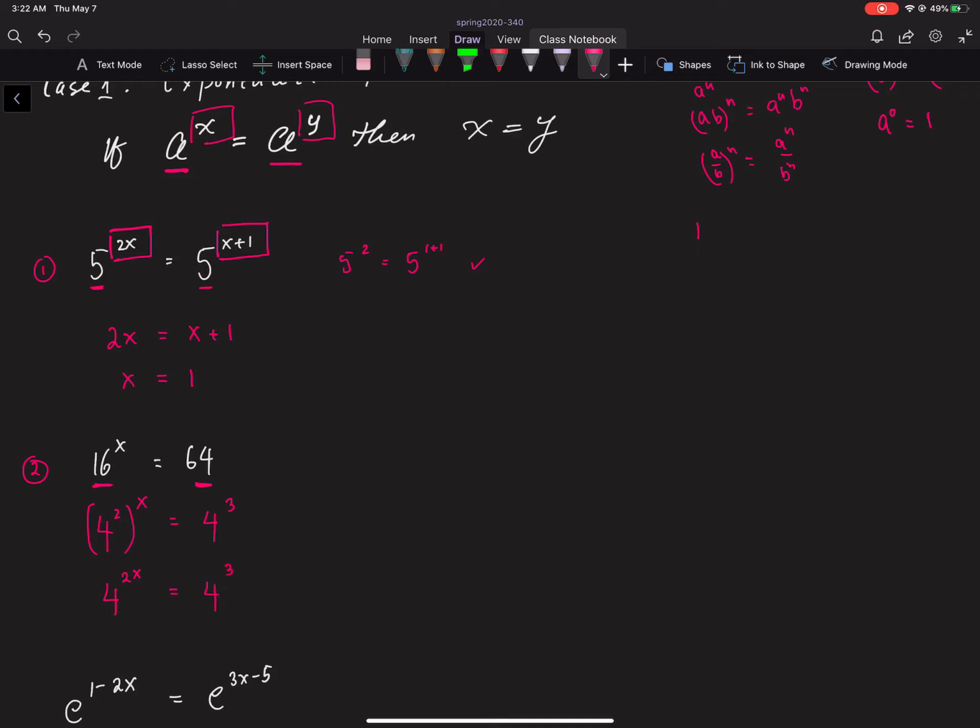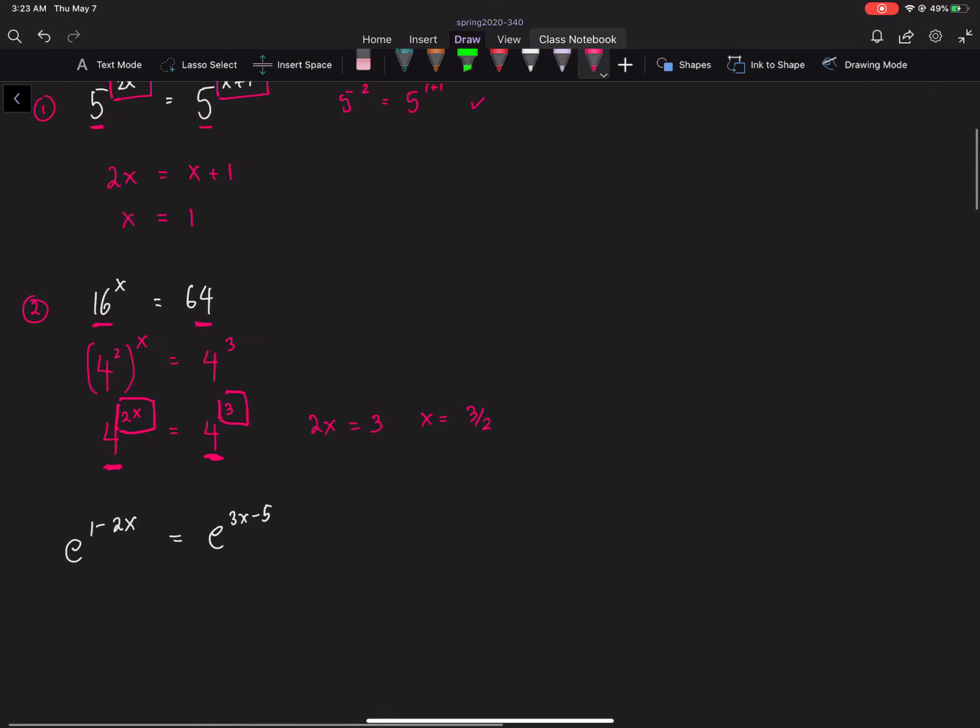Now I have the same base. I can pick the powers and set them equal to each other. So I get 2x is equal to 3. So x is equal to what? 3 over 2. Okay. And you can check it to see if it's right.